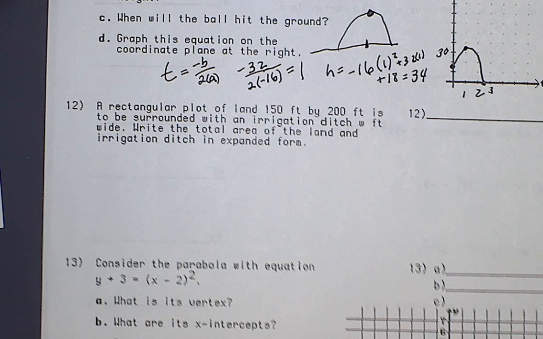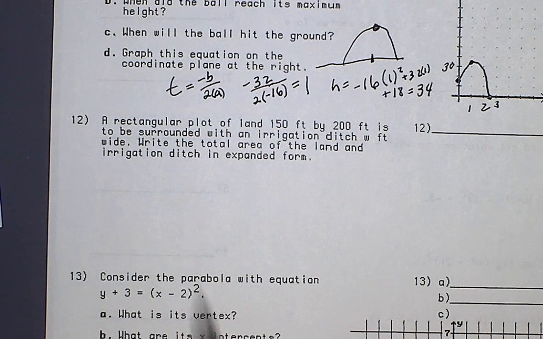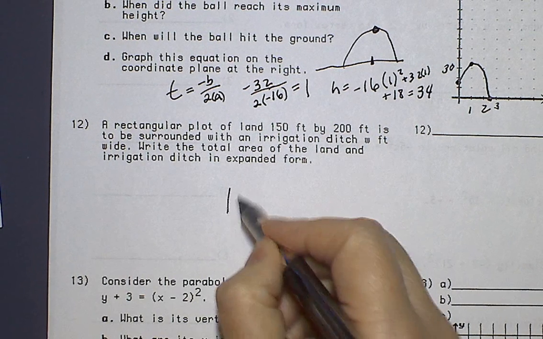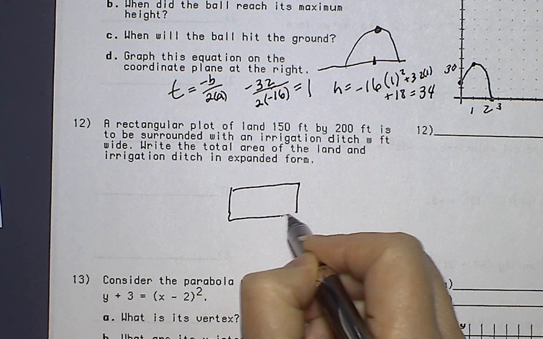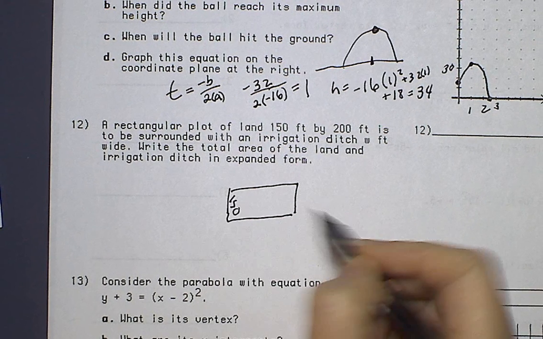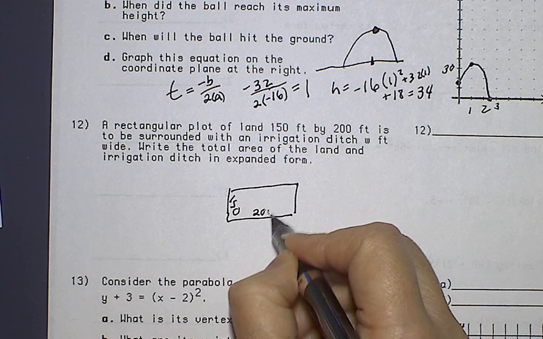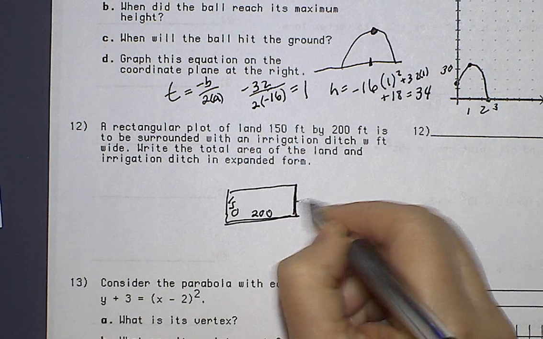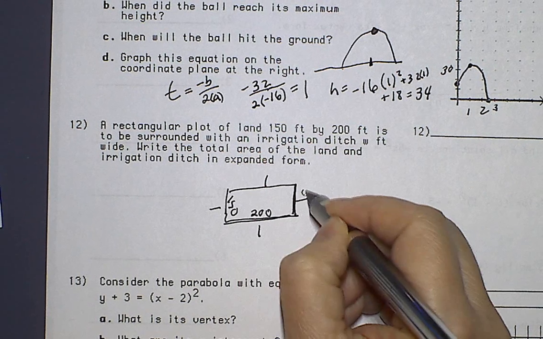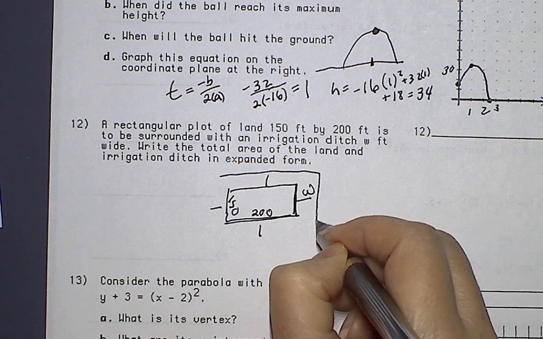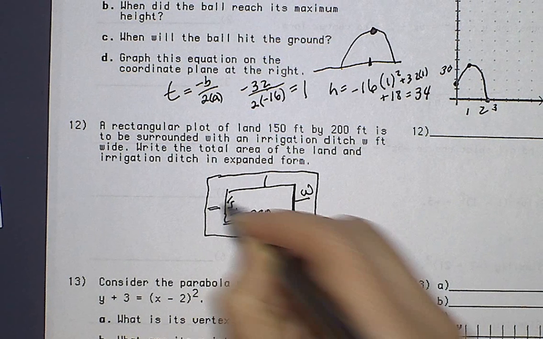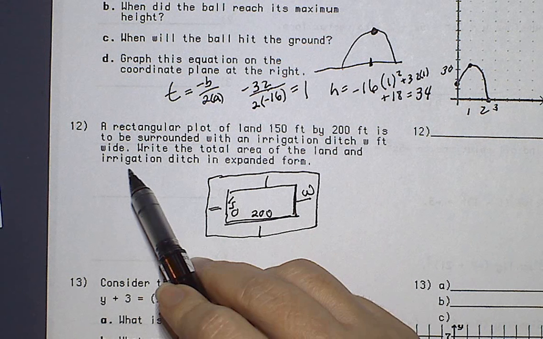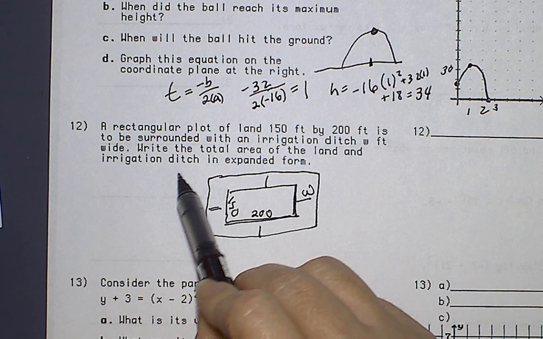Alright, number 12. Number 12 says that a rectangular plot of land is 150 feet by 200 feet. So this is 200 and that's your 150, with a ditch around it of width W. What is the area of the land with the irrigation ditch in expanded form?